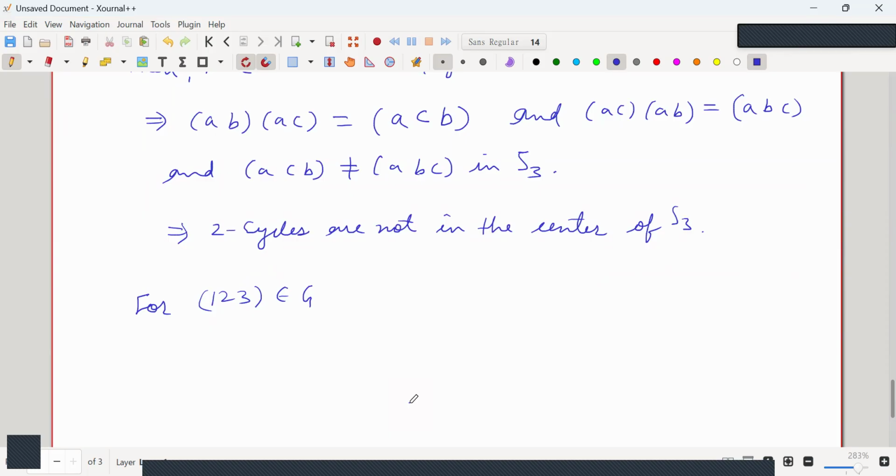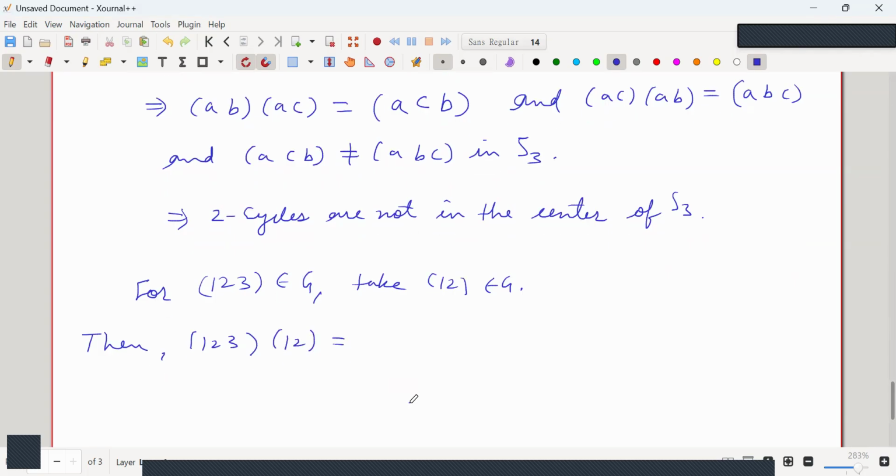So we need to take a two cycle with which it won't be commuting. In fact, if you take any two cycle, I think that will do the job. So for (1 2 3) belongs to G, take (1 2) inside G, and then (1 2 3) times (1 2).